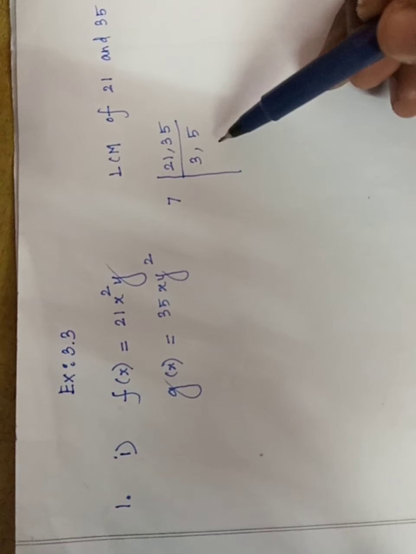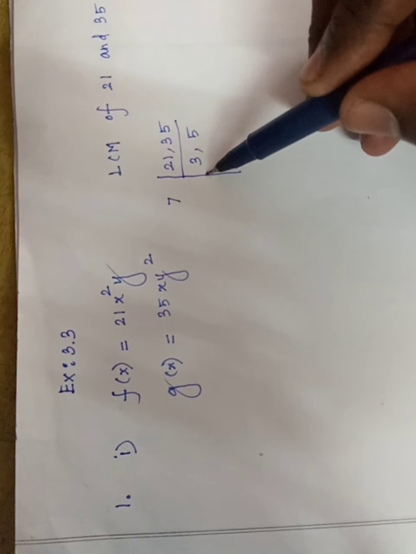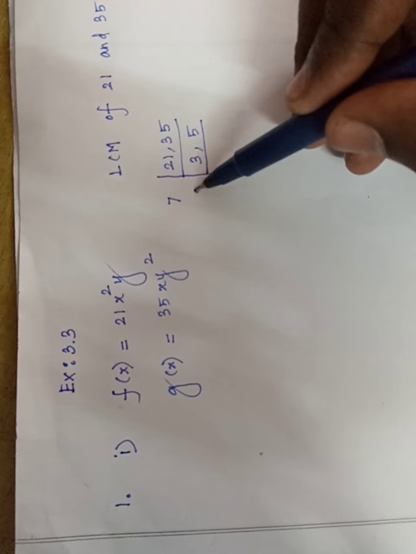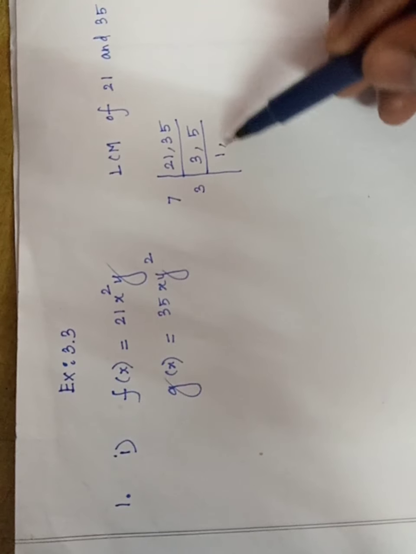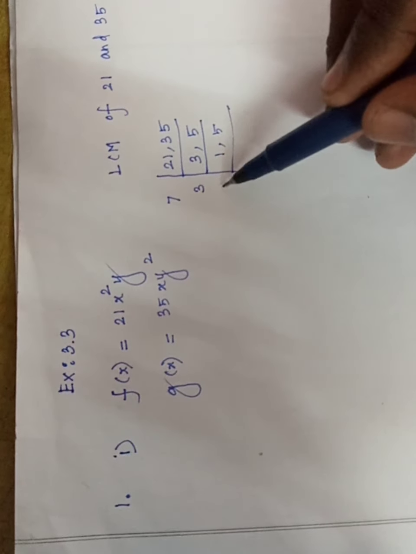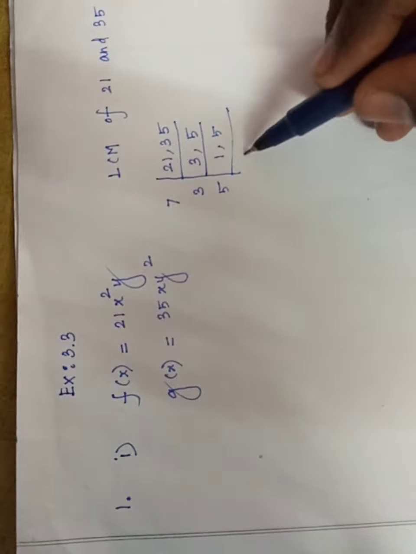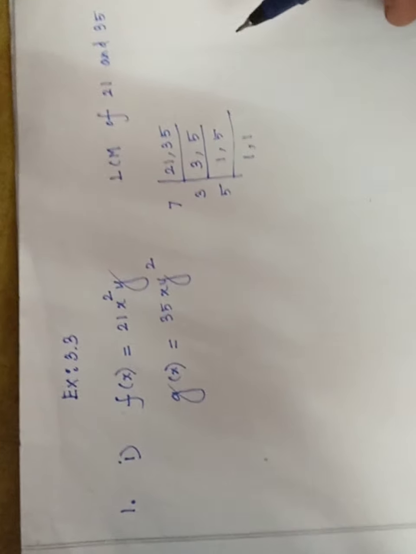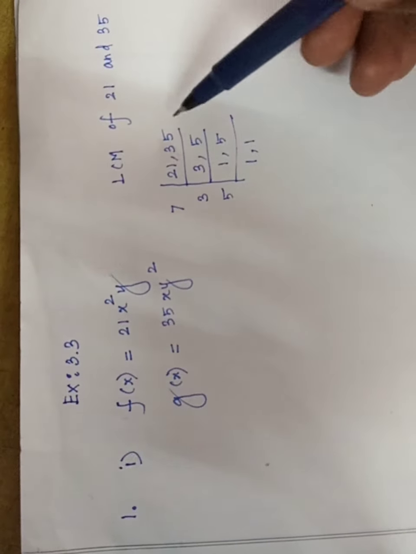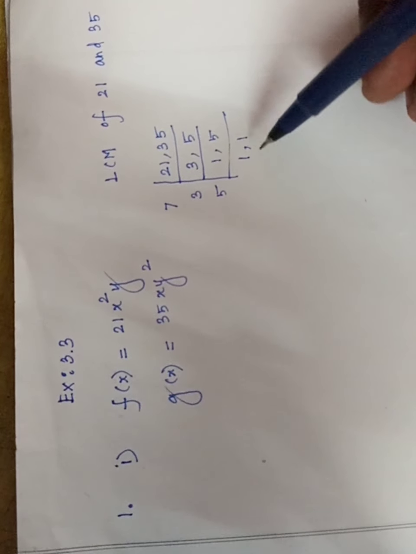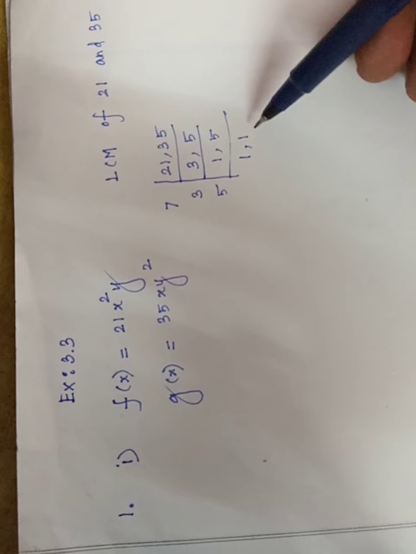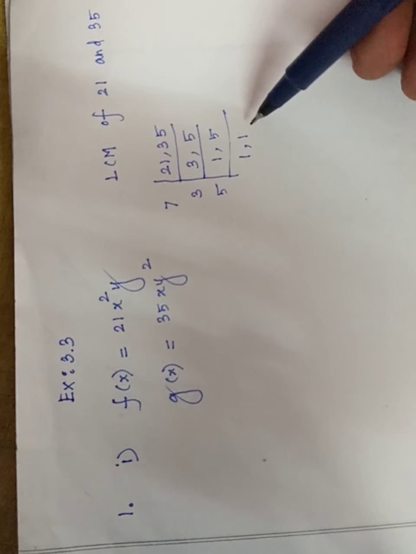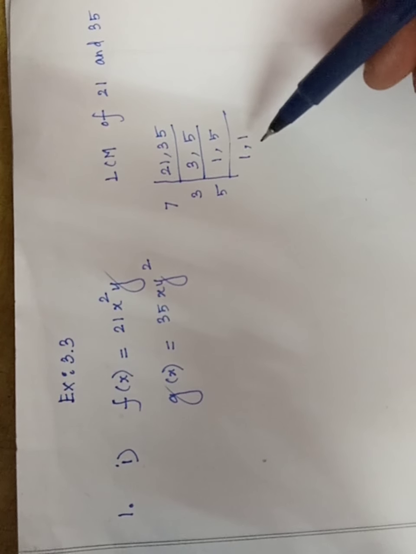After this, there is no common divisor. So let us take 3, 1 and 5. After that 5, 1 and 1. We do this work until we get 1 and 1.